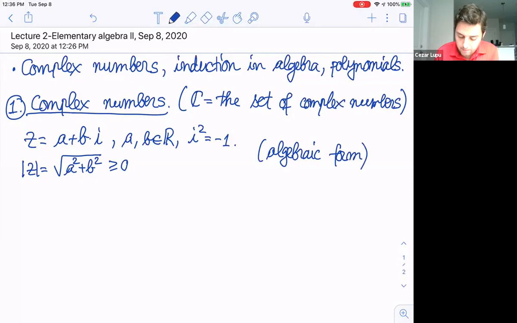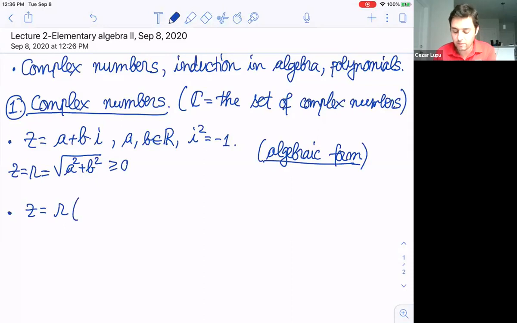But you can also have the geometric form of a complex number. Let's say you can write this in this way. Usually, this is denoted. Let me be specific here. Z equals R, and this is so the trigonometric form will be cosine of phi plus I sine of phi, right? So this is where R is the one above, right? Well, this is the trigonometric form.